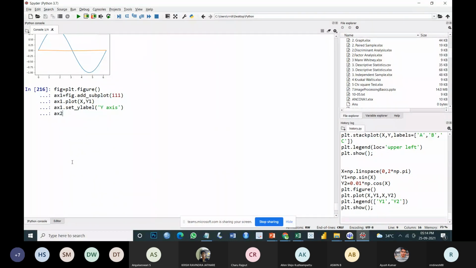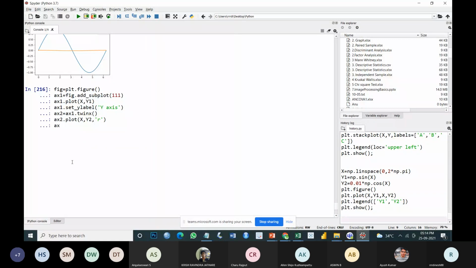Then ax2 equal to ax1.twinx function. ax2.plot of x comma y2 comma r.